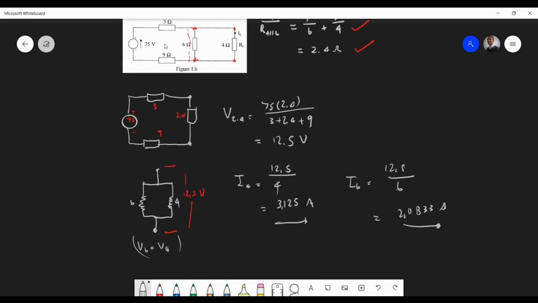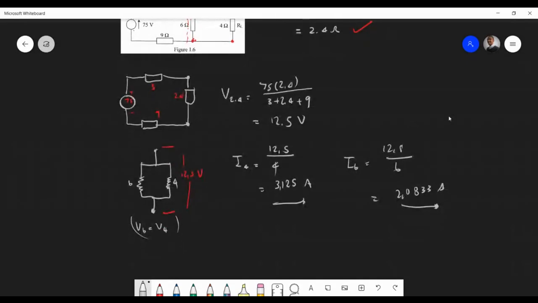And of course, the total current coming in here, we can just call it IT. I4 plus I6 will be IT, and this will be plus 3.125, which I think is 5.2083 amps. I just went a bit extra here, but that's the idea. I hope you got that.